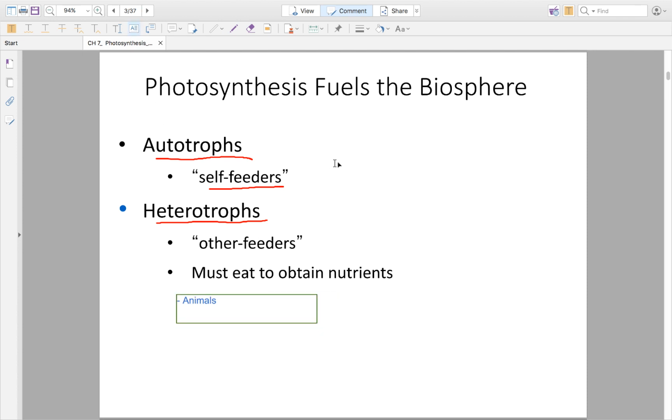Autotrophic organisms are things like plants that can perform photosynthesis. Some bacteria and some protists. Not all of them. Okay, but all plants for sure.